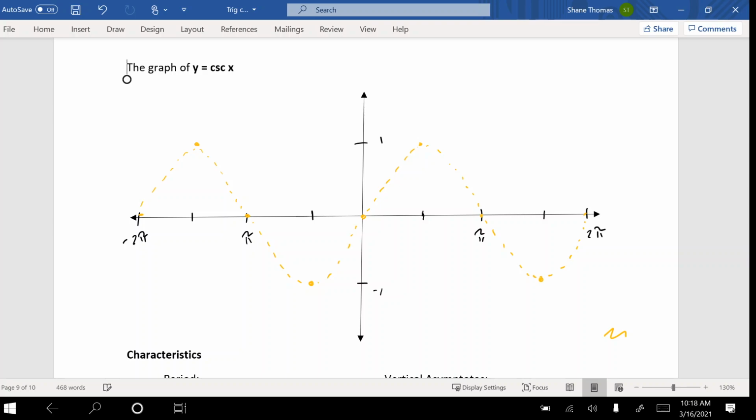Okay, can we see that? So that yellow one right there, that is my just y equals sine of x.